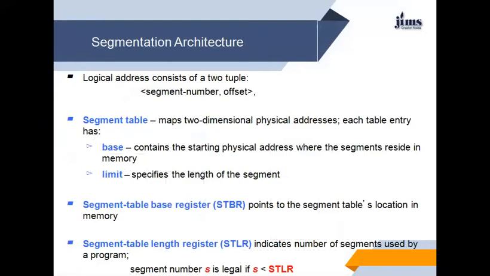Now again, segmentation architecture. A logical address actually consists of a 2-tuple. Two things are there: one is called the segment number and another is the offset. There is a segment table which maps two-dimensional addresses to physical addresses.